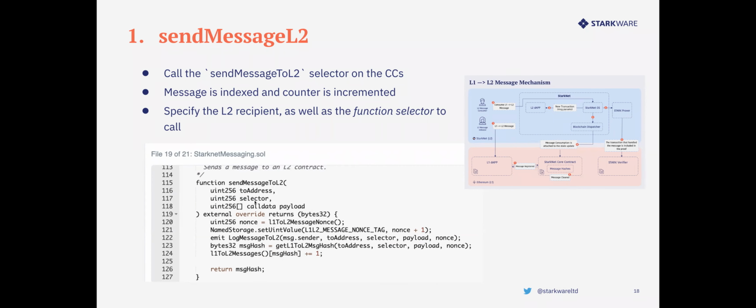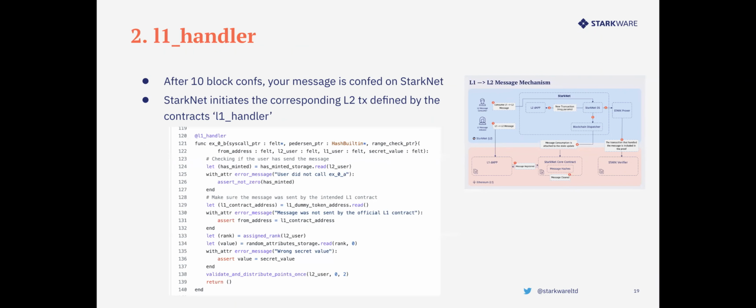The selector is the name of the L1 handler on the L2 side that we are going to call, and call data, which can be, again, any payload, any size, and any configuration that we want, that again will be sent to L2, and there we can do whatever we want with it. And again, we increment the counter here to indicate that this message has been sent, but it has not yet been processed by L2 and proven on L1 again.